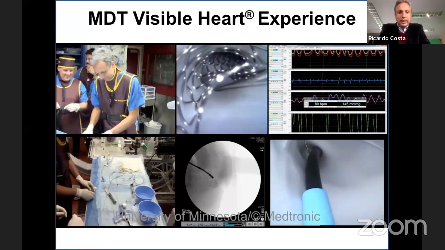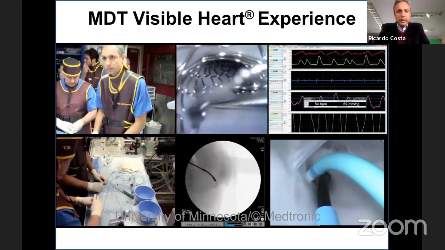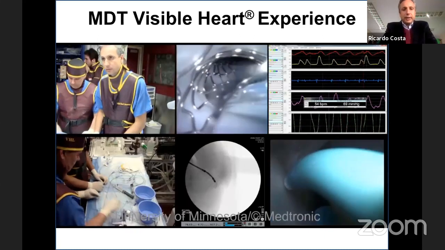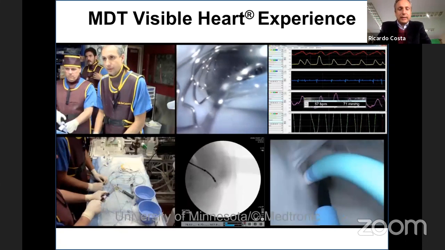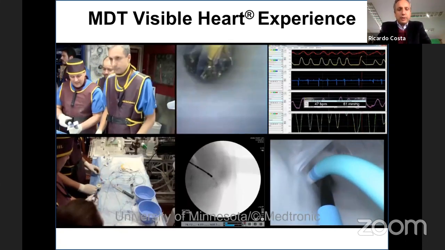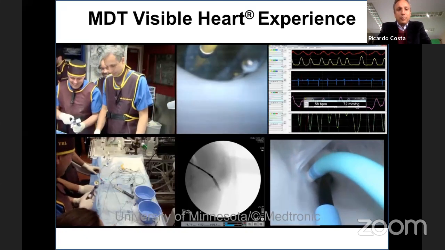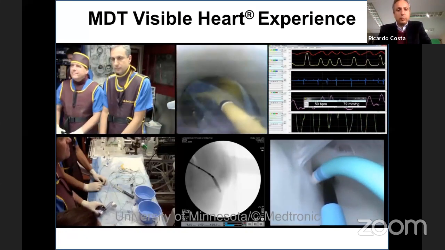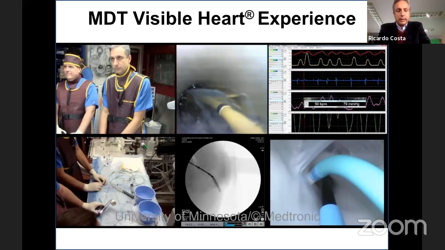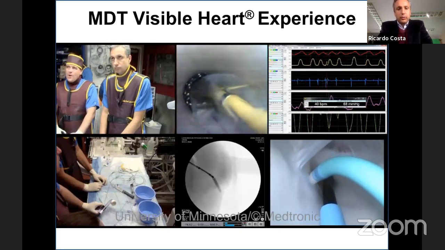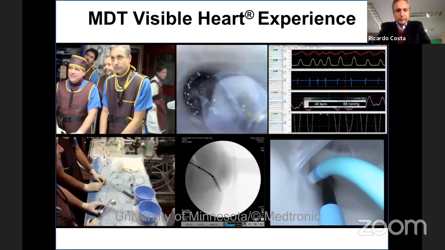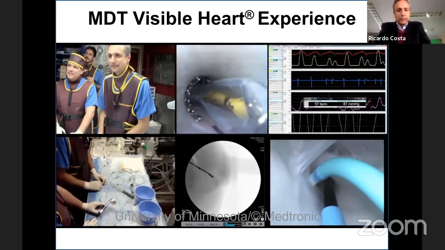And if you have that, you should be careful and perhaps perform a POT there. That's like the first POT of the technique. And the first POT of the technique allows you to have a complete crush, so you don't go under the struts with the recrossing of the wire to perform the first kissing balloon.